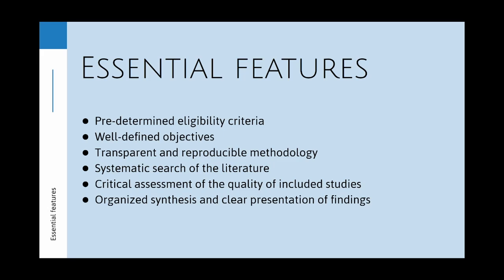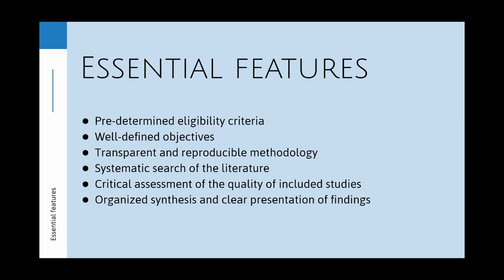Another key feature of systematic reviews is that you have well-defined objectives. That's because I said that you start with a specific research question or a specific review question. So with that you will have a specific objective, because the objective is to answer these questions, and it's another way of expressing the research question.